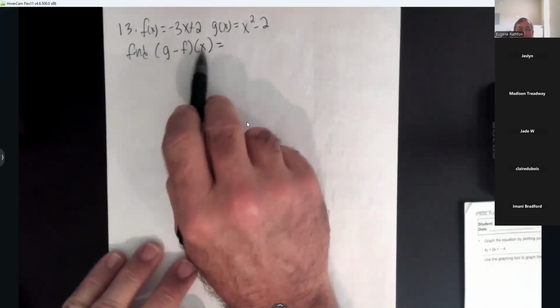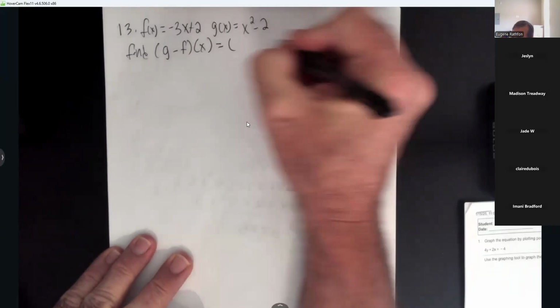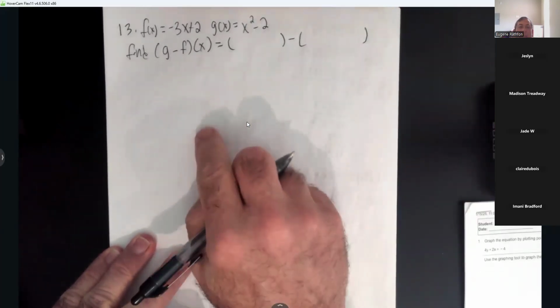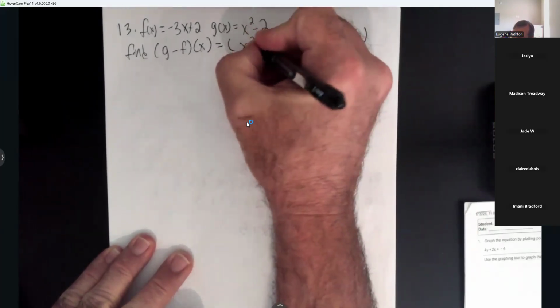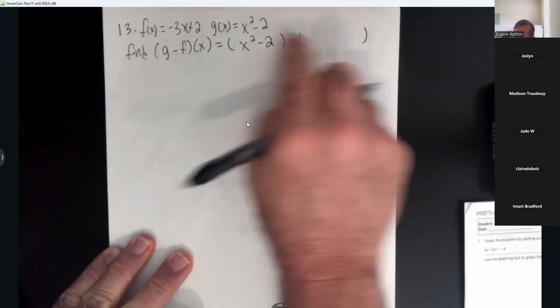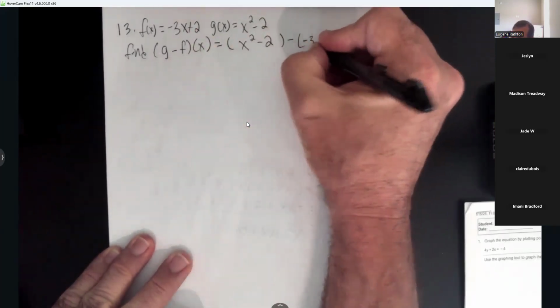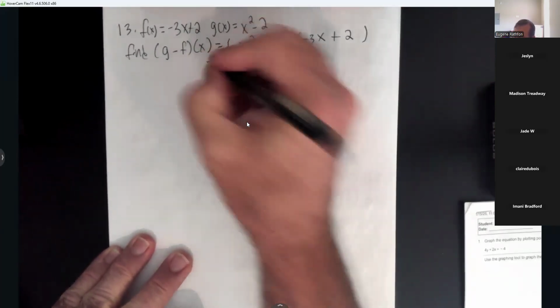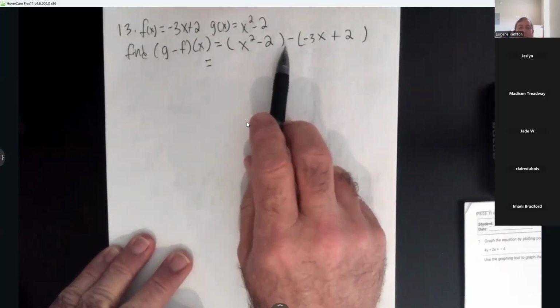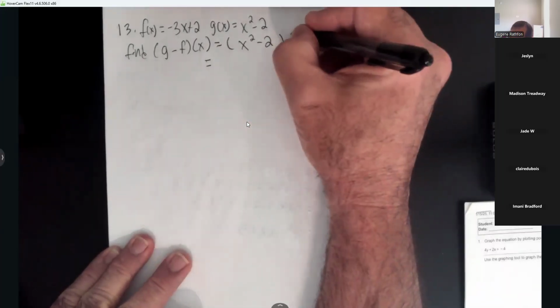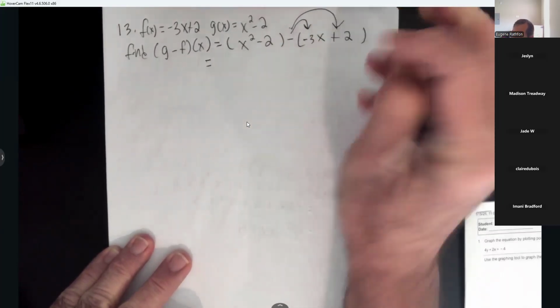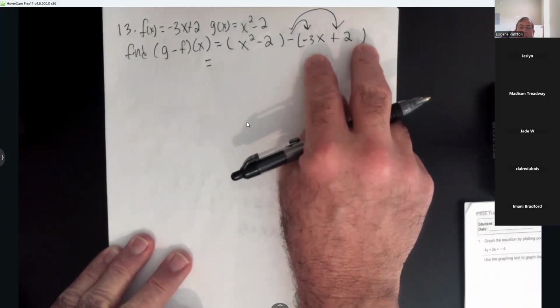g minus f of x will equal my g minus my f, okay? g was x squared minus 2. f is negative 3x plus 2. All right, so remember, with subtraction, you got to multiply that negative times both numbers inside the parentheses.